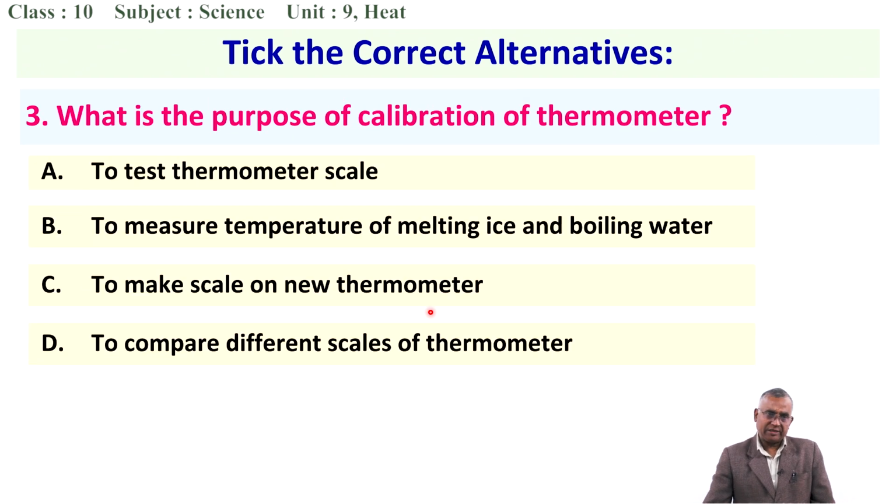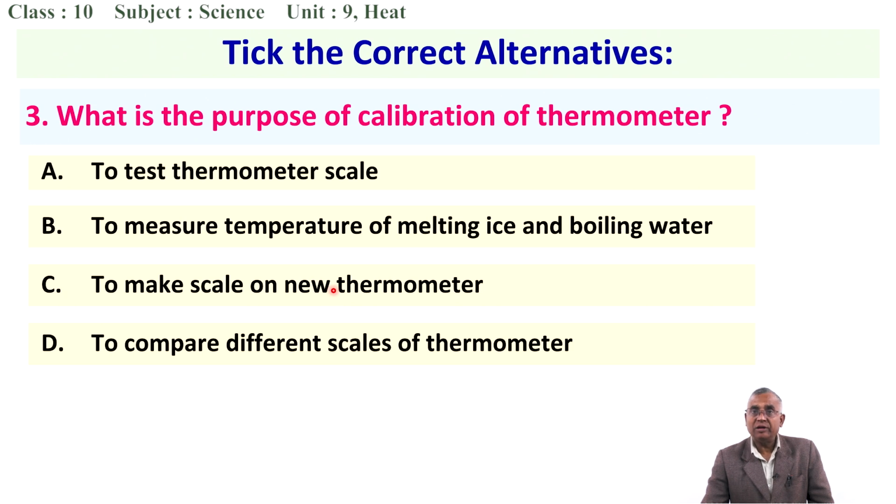Okay, students. Next question is, what is the purpose of calibration of thermometer? Why is calibration of thermometer done? To test the thermometer scale, to check whether it is true or not, or to measure temperature of melting ice and boiling water, or to make a scale on a new thermometer, or to compare different scales of thermometer.